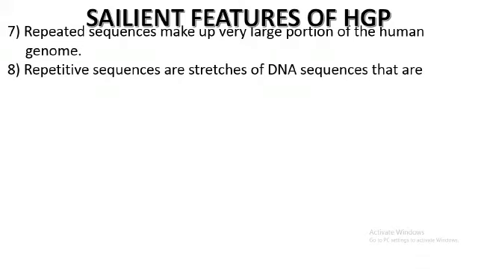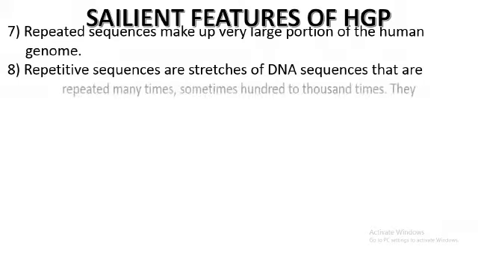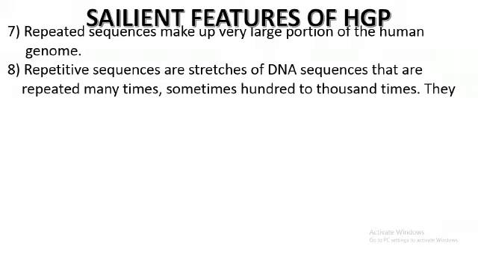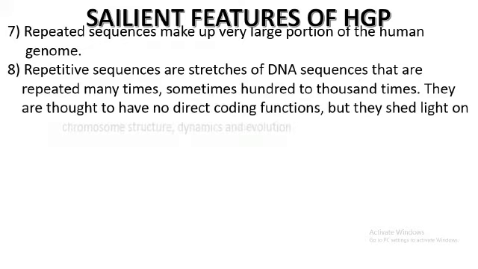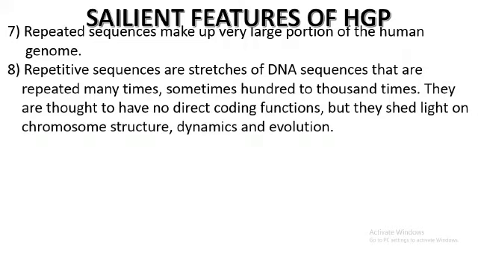The next characteristic feature is that repeated sequences are stretches of DNA that are repeated many times, sometimes 100 to 1000 times. They are thought to have no direct functions, but they shed light on chromosome structure, dynamics, and evolution. Yes, very important is this.